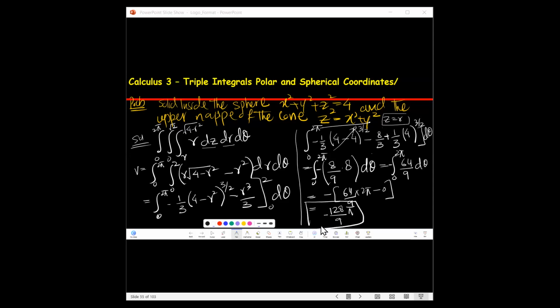That is my answer. It looks like the volume is going outside the region, or maybe below the floor. That is why it becomes negative.